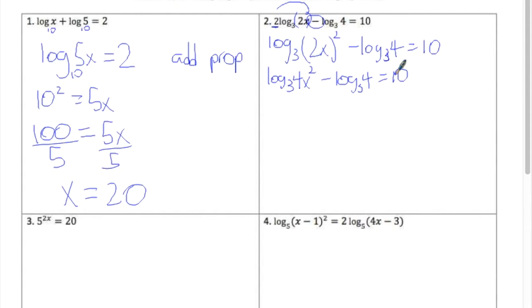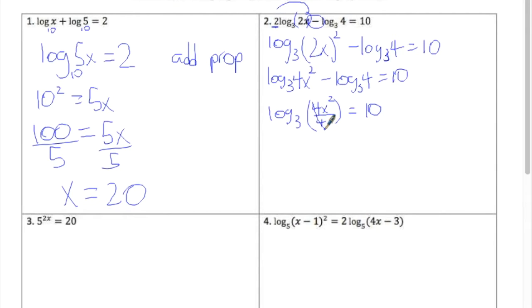And now I can use the subtraction property and write this as log base 3 of 4x squared divided by 4. And conveniently, on the inside of this log, the 4's divide to 1.